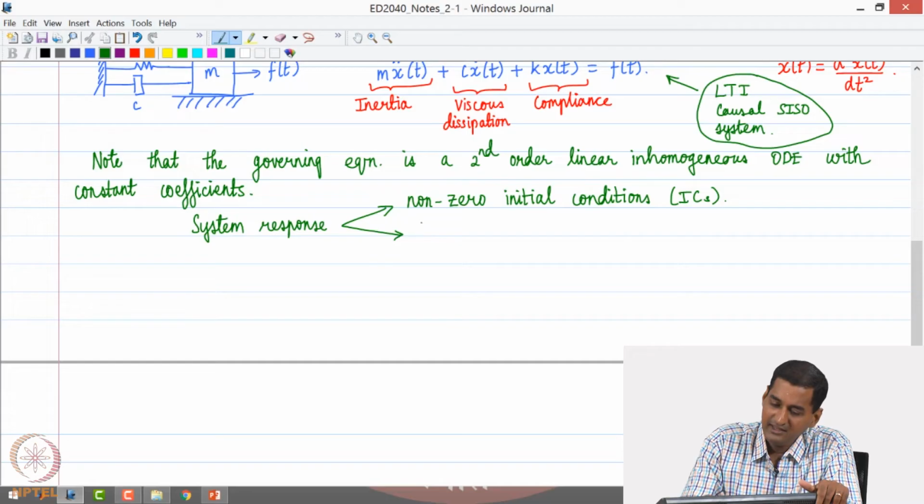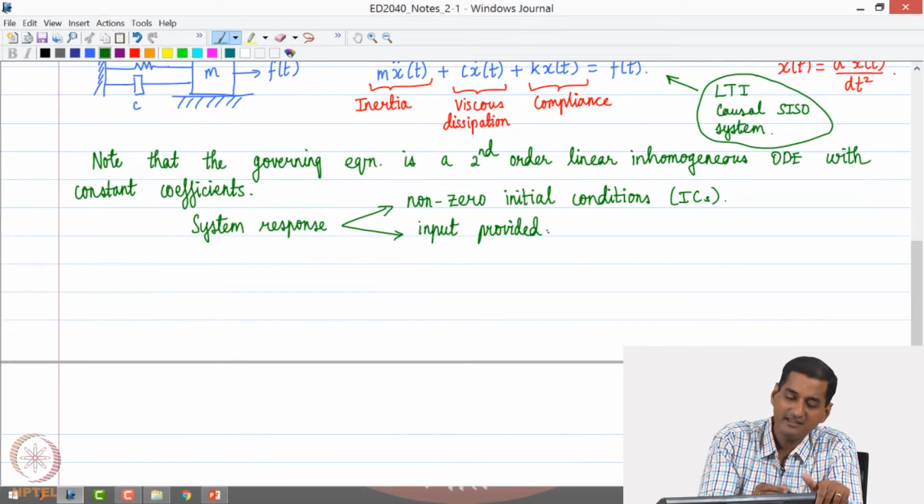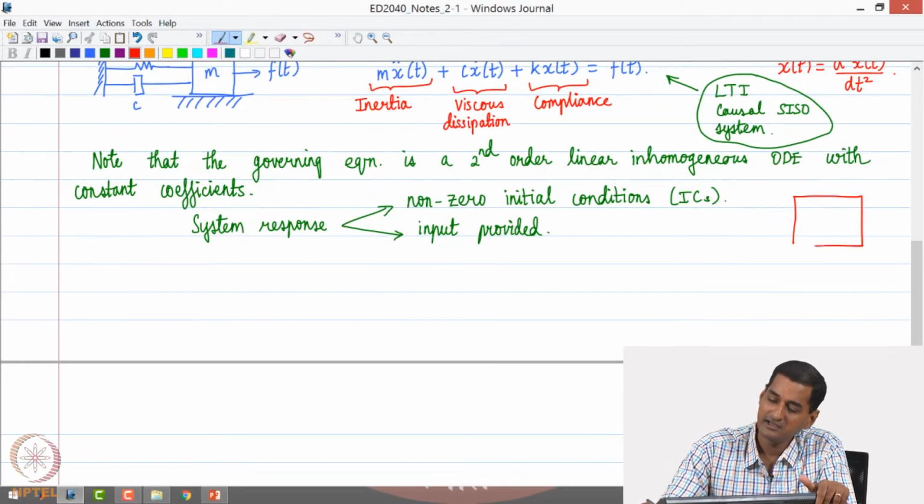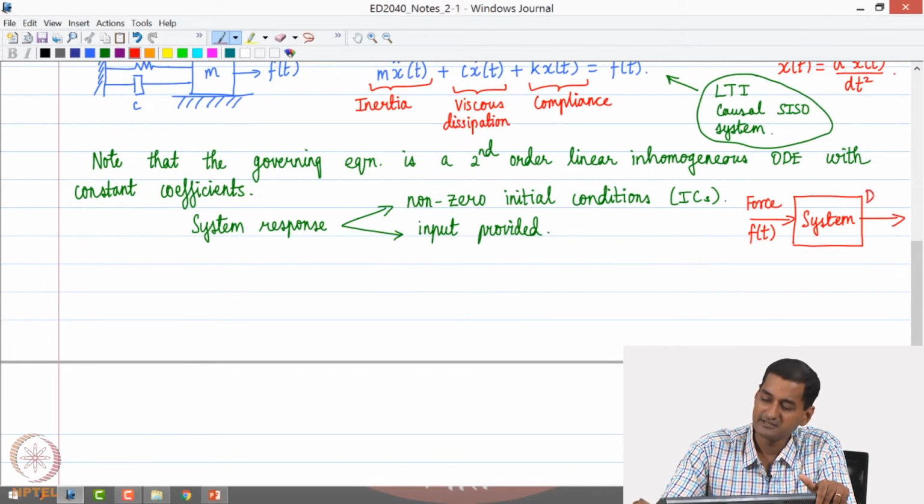And then we can also have a system response due to the input provided. In this case the force is the input to the system. If we want to visualize this using the typical systems perspective, in this case, the mass spring damper system, the input is the force f of t, the output is the displacement x of t.